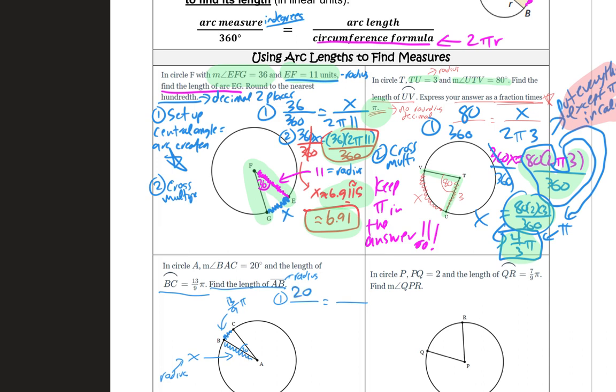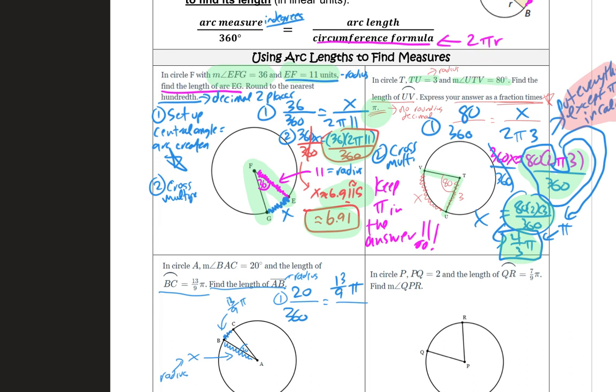I know it's a little tricky, but you got this, right? Over, we said it's always going to be 360, right? Okay, next, the arc length. It says find this is the arc length, right? The length of the arc is that. So we're going to put that right over there. I know that looks weird, but we're going to say 13 ninths pi, right on top. Okay, then underneath, we said it's going to be 2 times pi times r.